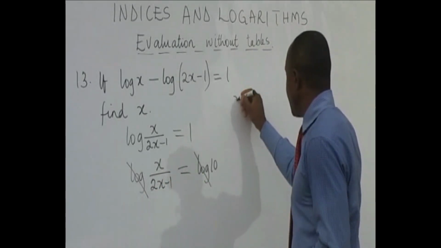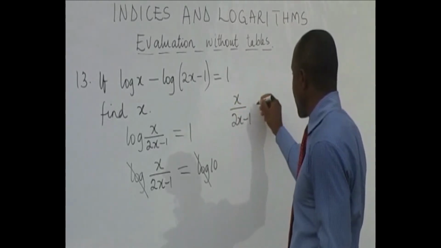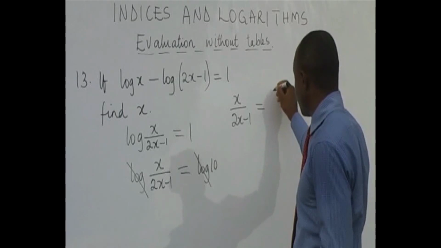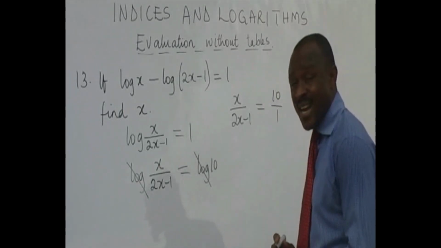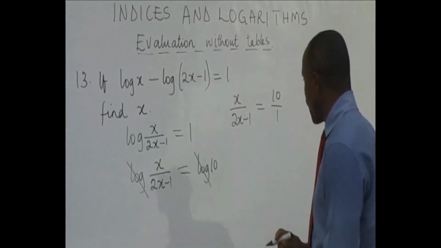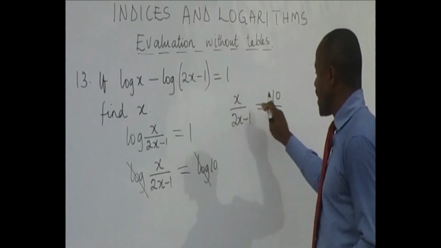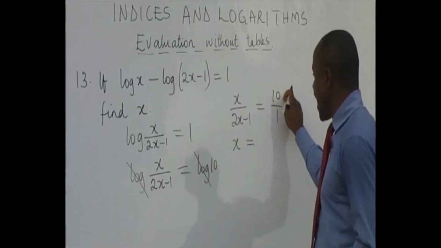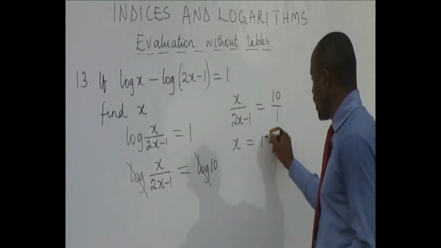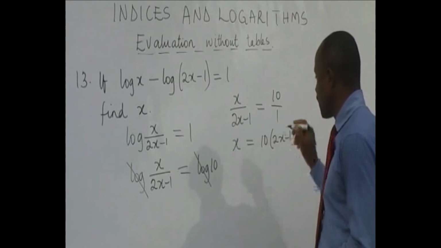We can write 10 in fraction form as 10 over 1. If you cross multiply here, you find out you have x times 1, which is x, will now be equal to 10 times 2x minus 1.